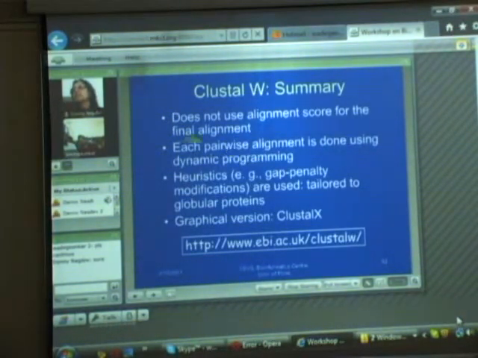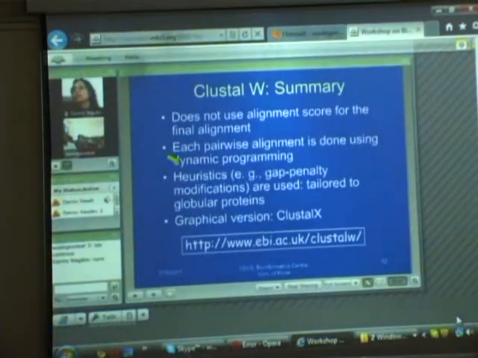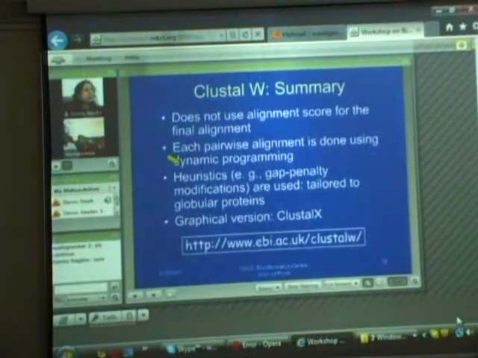Each pairwise alignment in the cluster is done using dynamic programming. So initial alignments are made using the rigorous dynamic programming algorithm, which is available for the pairwise alignments.